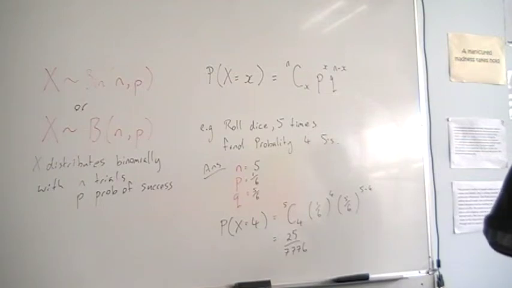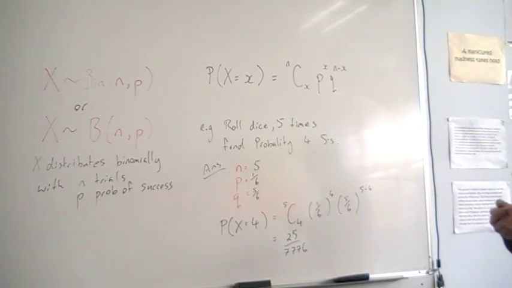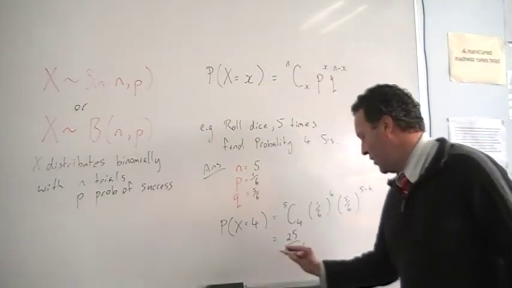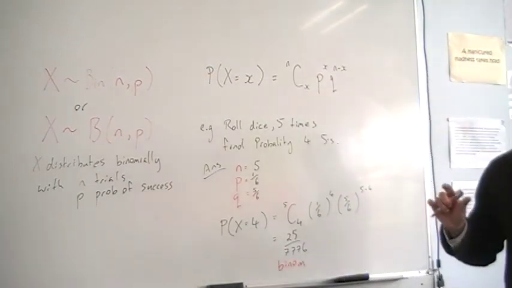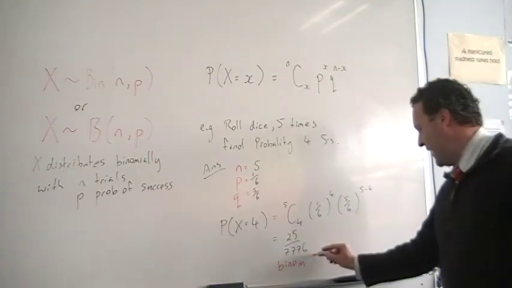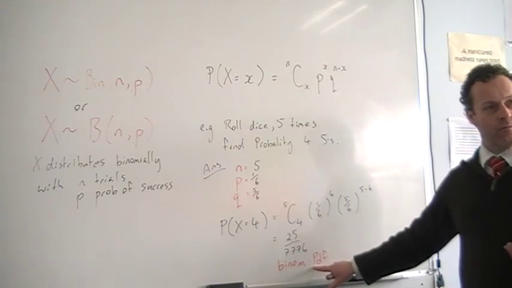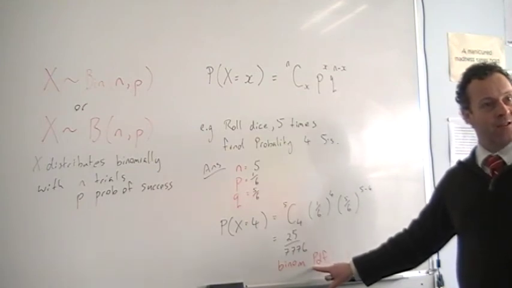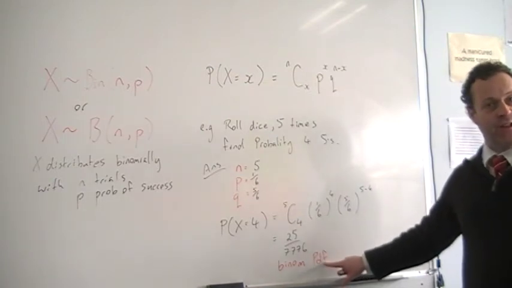Also, there's a little cheat on your calculator, if you're allowed to use it, where you could type this in instead to solve it. You type binomial PDF, which you find in your probability menu. What does PDF stand for? P stands for probability, D stands for distribution, and F stands for function.